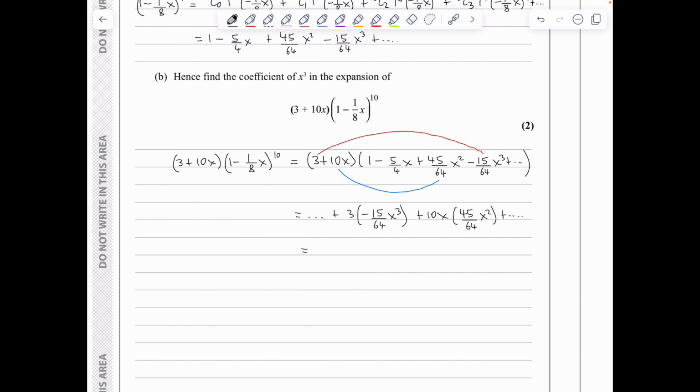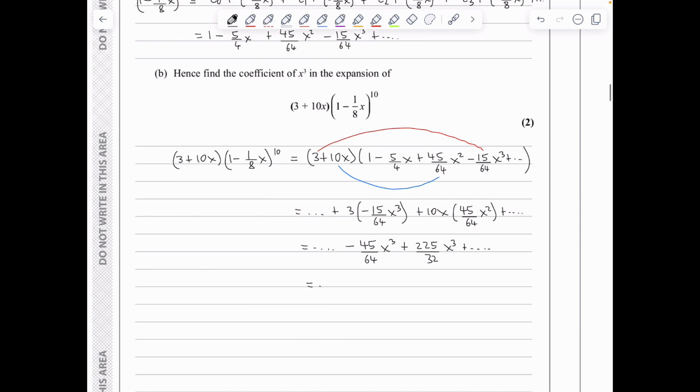So this is giving me dot dot dot minus 45 over 64 x cubed plus 225 over 32 x cubed plus dot dot dot. If I combine these together, I get 405 over 64 x cubed plus dot dot dot, and therefore we conclude that the coefficient of x cubed is 405 over 64.